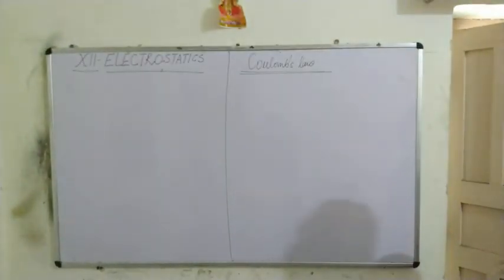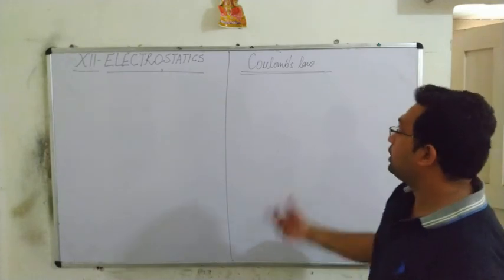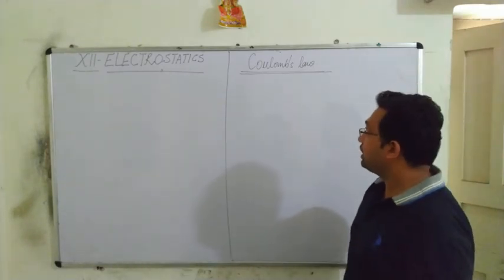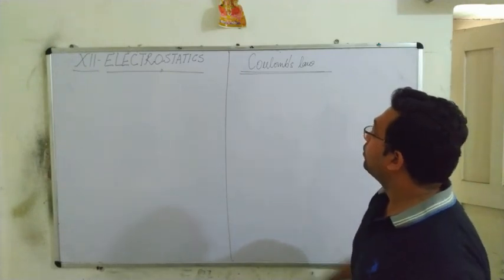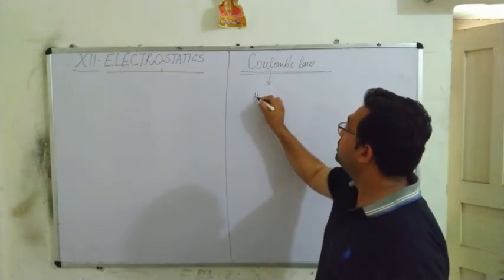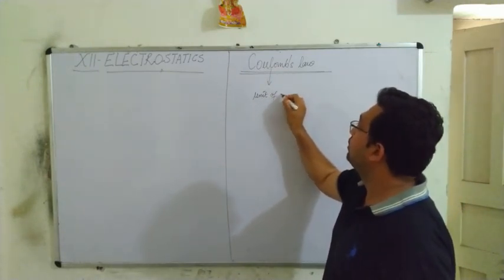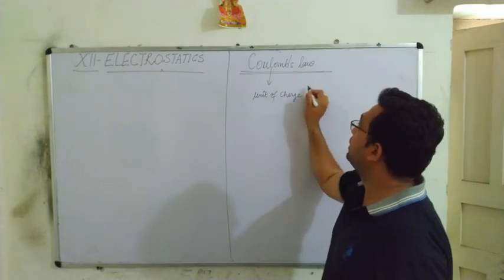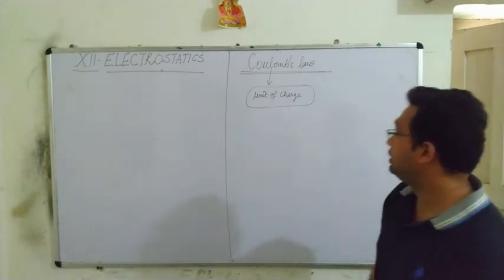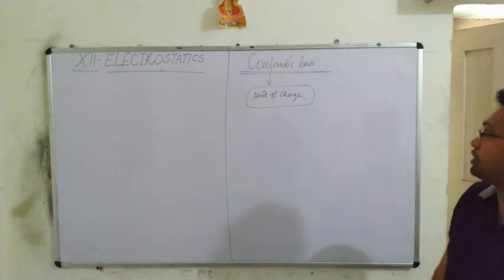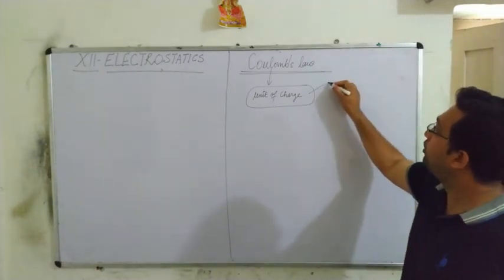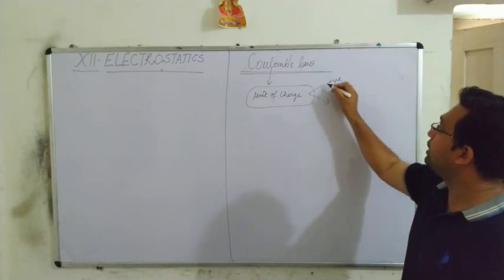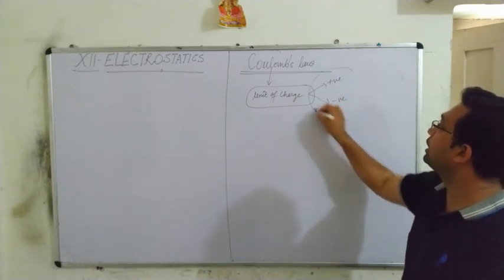Now Coulomb's law. What type of information will it give? As we know, Coulomb is the unit of charge. So it will give information about charges, and charges may be of two signs, that is positive and negative.